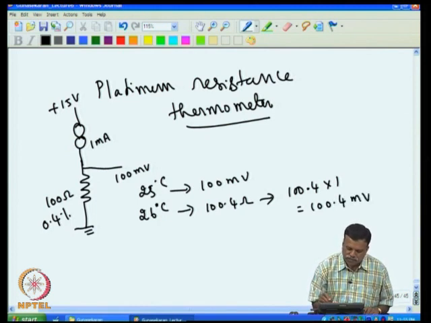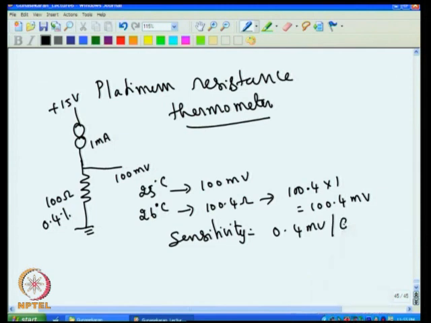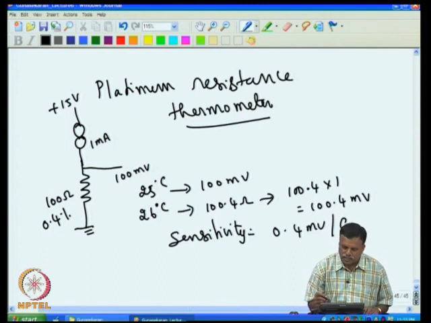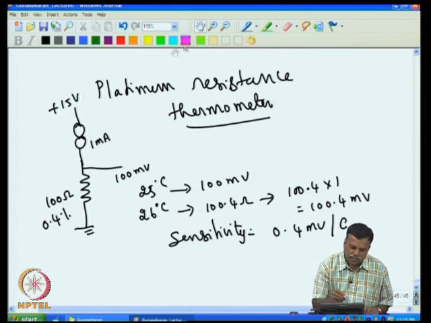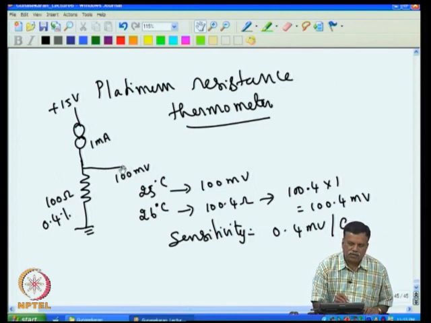That means the sensitivity becomes 0.4 millivolt per degree C. So per every 1 degree change in temperature, we will get 0.4 millivolt change at this point. This is actually quite enough, because our earlier thermocouple had only 40 microvolt per degree C sensitivity, whereas this gives 0.4 millivolt per degree C, and our other sensor, the IC sensor, was giving us 10 millivolt per degree C, which was very high.